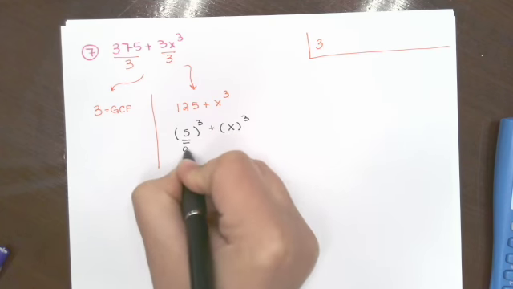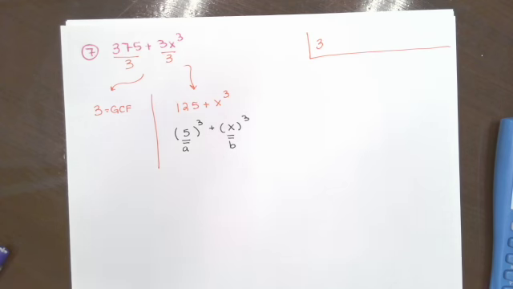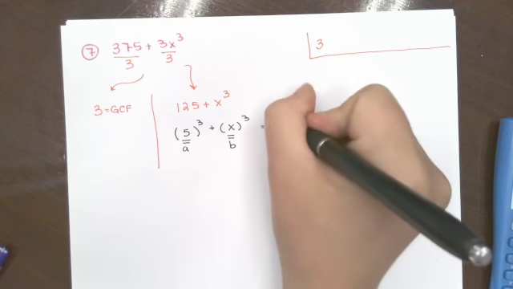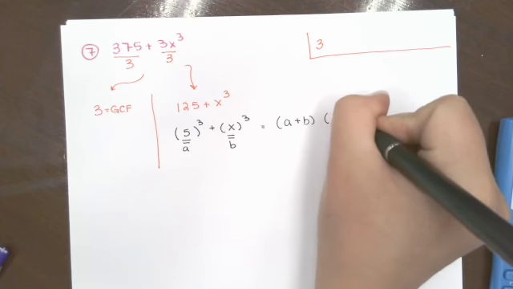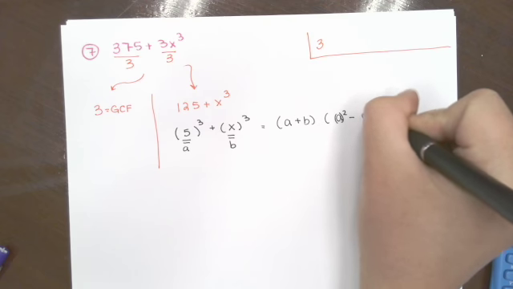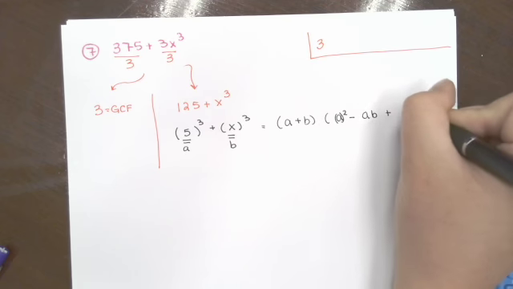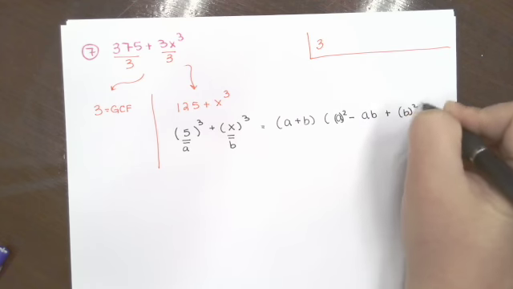That means this is your A, this is your B. If you look over there on the cheat sheet on the board, I did write out the sum and difference of cubes for you along with the difference of squares. So you're looking at that middle formula that says A plus B, A squared in a bubble is A, minus AB plus B squared.